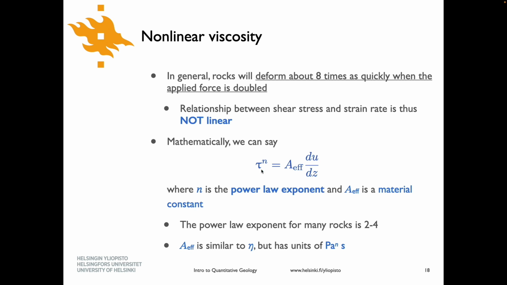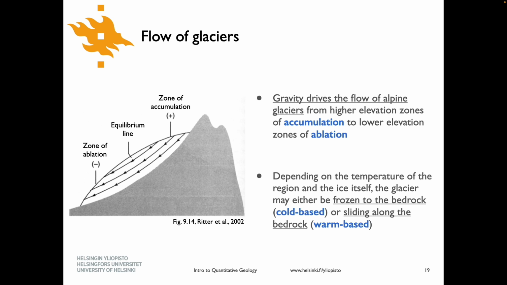Pascals is what would be your unit for stress, pascals to the n, and then this is going to be something per second. du dz is going to give you units of per second, so that cancels out the other one there, and that's how you get to this funny pascals to the n seconds.